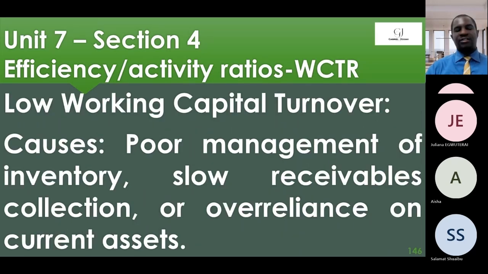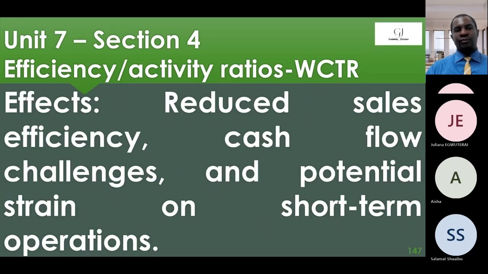A low working capital turnover will be caused by poor management of inventory, slow receivables collection, or over-reliance on current assets. This is the reason for a low working capital turnover ratio. What are the effects? Reduced sales efficiency, cash flow challenges, and potential strain on short-term operations.